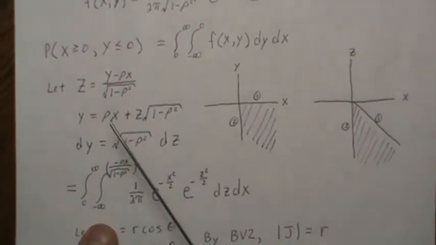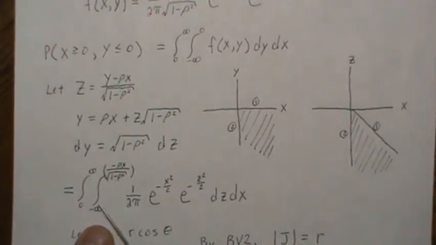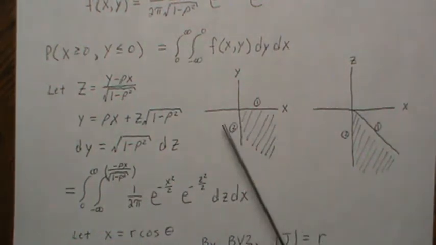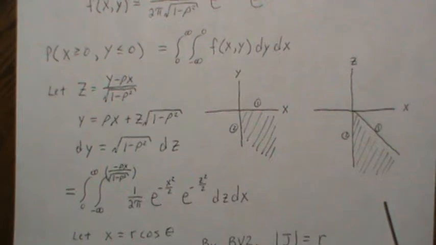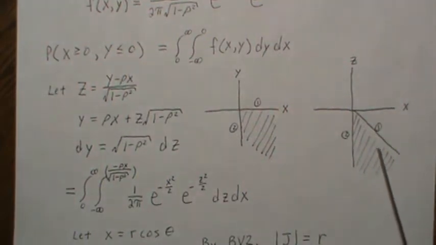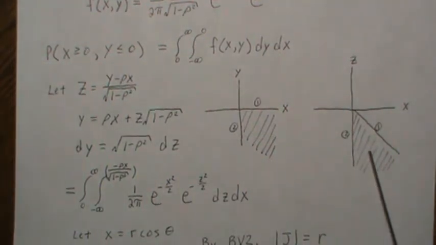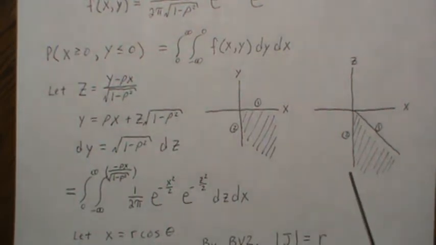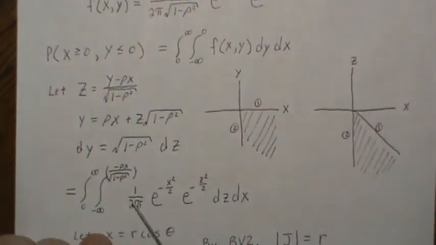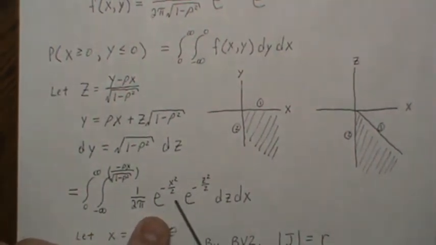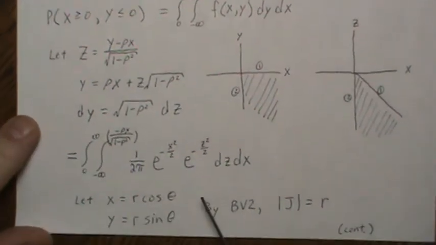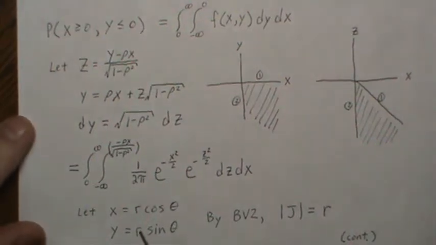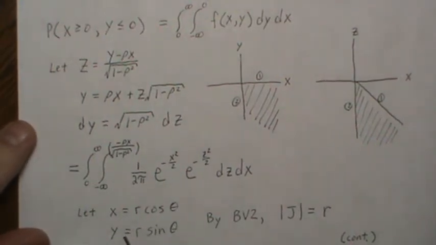So now our limits of integration, when you plug in 0 and infinity, you're going from here to negative infinity, and here, it's from 0 to infinity. So these are the limits of integration, but this is not a fun thing to integrate. So we're going to transform it to polar coordinates. So we let x be this and y be this.